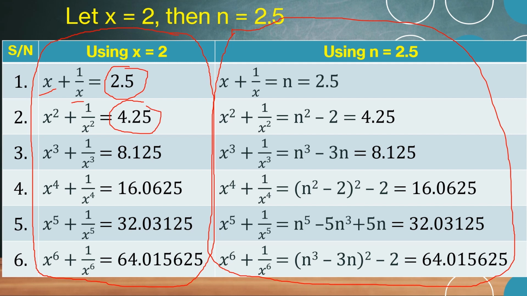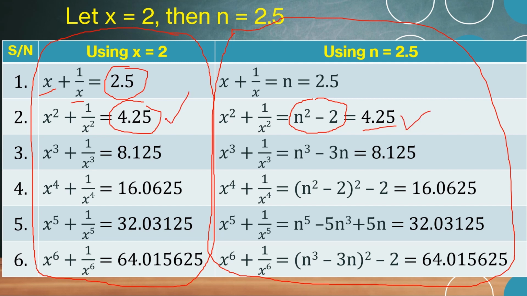But if we use the equations which were expressed, for instance, since we know n is equal to 2.5, and then we substitute into n squared minus 2 based on the formulas that have been previously derived, we will get the terms here, and that is the same as what we have on the left-hand side.